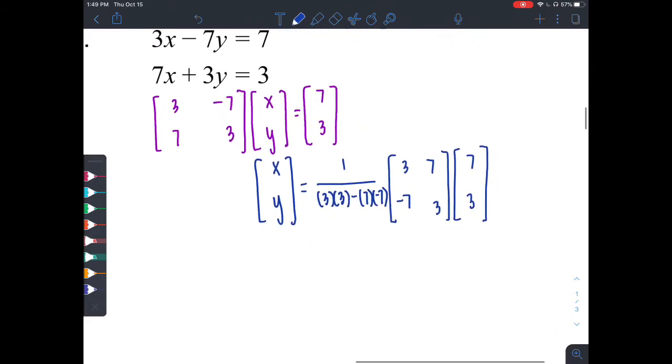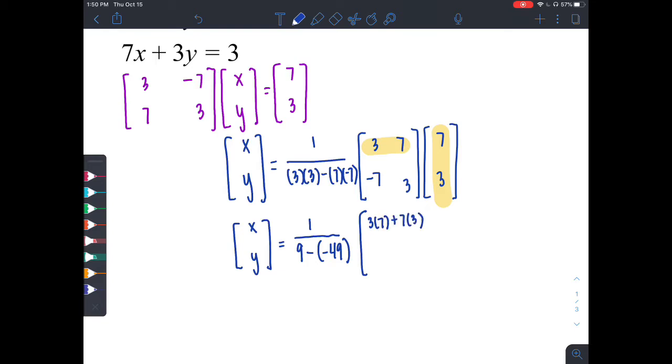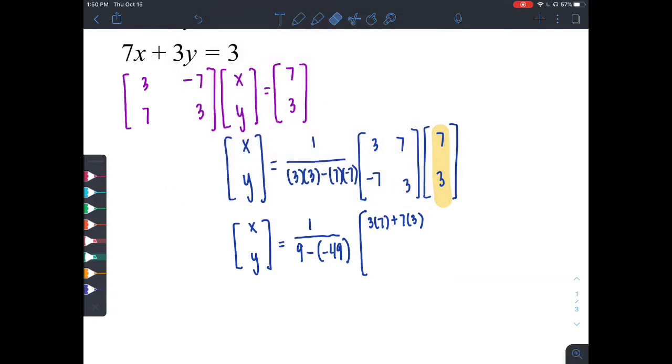Okay, so then this is equal to 1 over 9 minus a negative 49. And then this is what our matrix would be. We have our first row by our first column. So we get 3 times 7 plus 7 times 3. Then we have our second row times our second column.